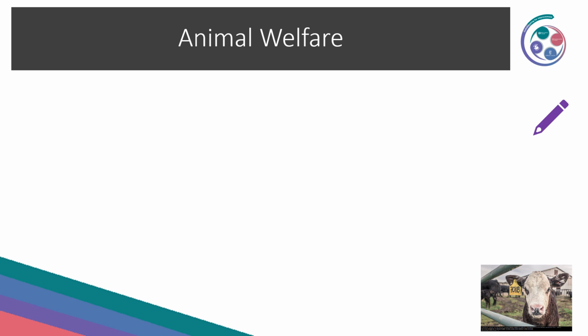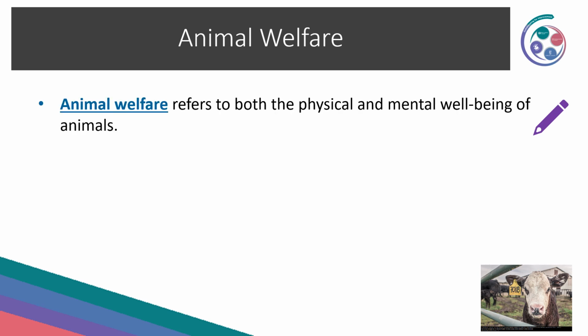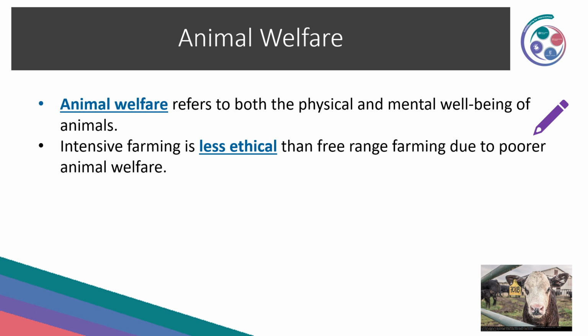Let's now go on and look at the other 4-mark question, animal welfare. So what is animal welfare? Animal welfare refers to both the physical and mental well-being of animals. There are two main types of farming that are commonly spoken about: intensive farming and free-range farming. Intensive farming is much less ethical due to poor animal welfare.